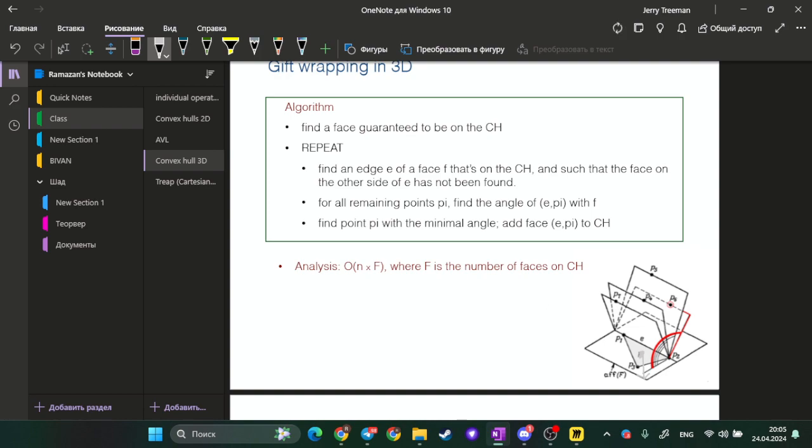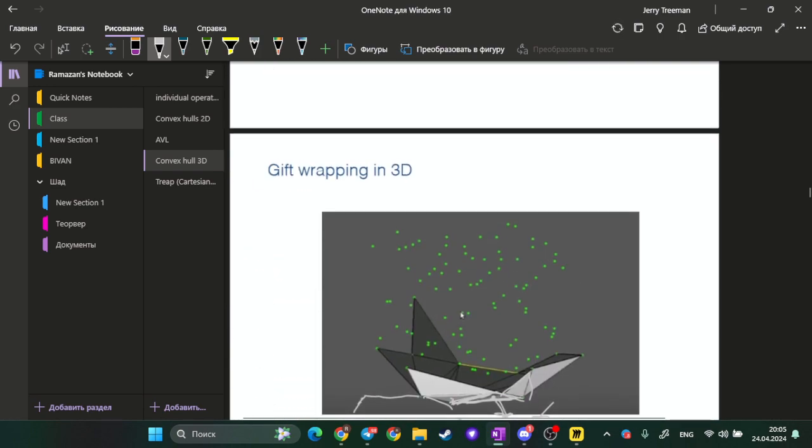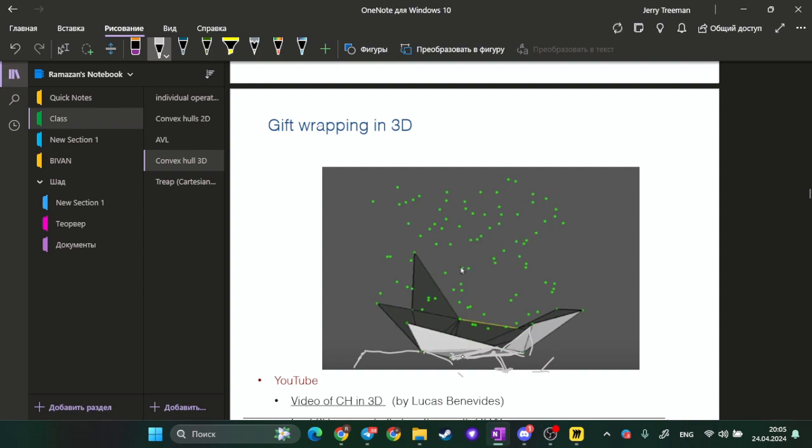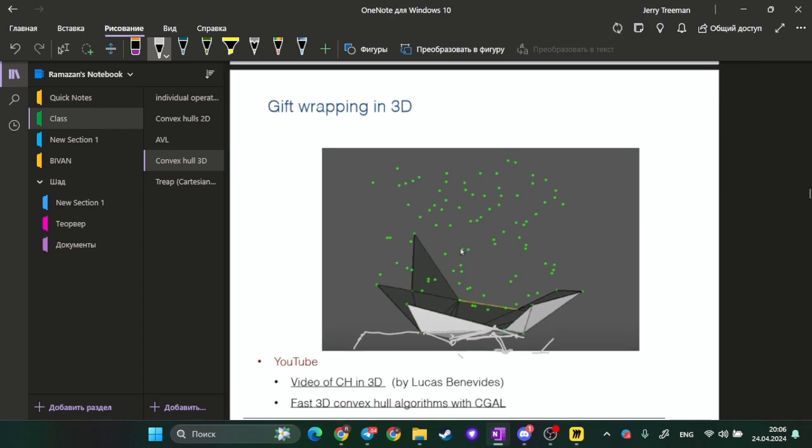You need to understand how to define it if we consider the first face, the first face.